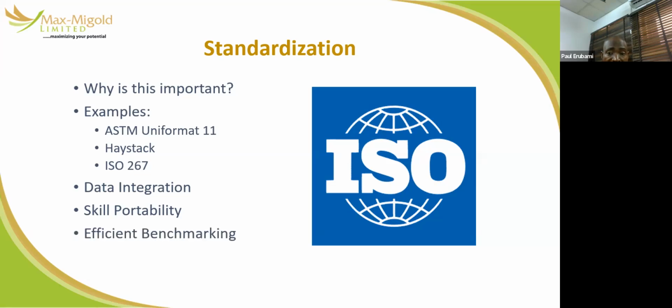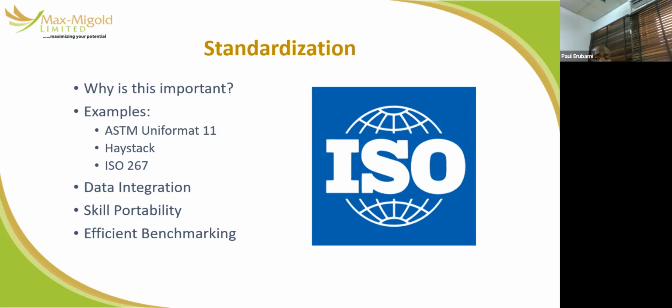Then efficient benchmarking. Benchmarking is when you compare your performance in terms of standardization to the performance of another company. So if you have efficient benchmarking in terms of your asset standardization, you can compare it with what other companies are doing.